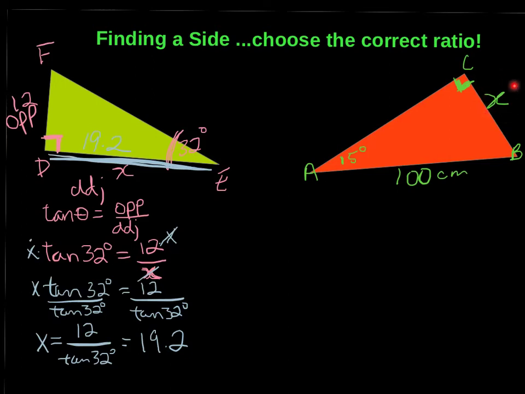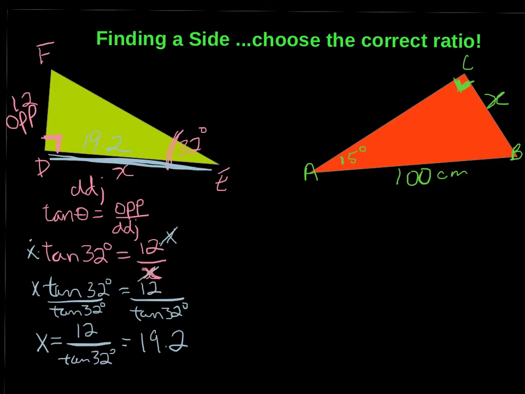We want to find out what that length is from C to B. And I've given you that the length of this line right across here, that side of the triangle, is 100 centimeters. So if you want to challenge yourself a little bit, pause the video and try this question, see if you get it, and then replay it to check your answer.